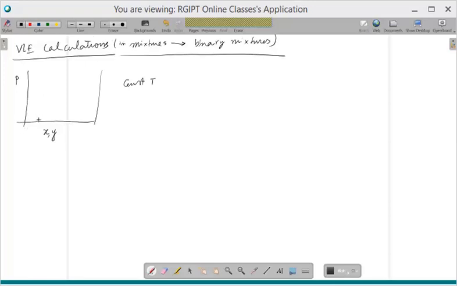For each composition you perform compression or decompression. At very low pressure it will be vapor, and at very high pressure it will be liquid, and in between there will be two points, the dew point and the bubble point.